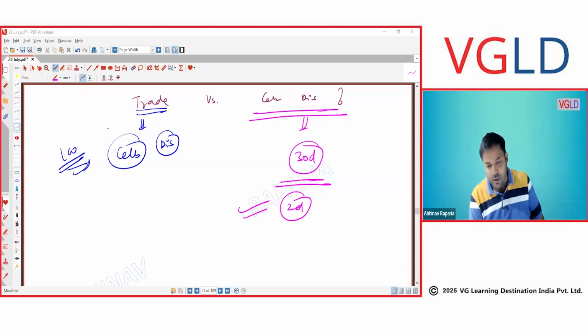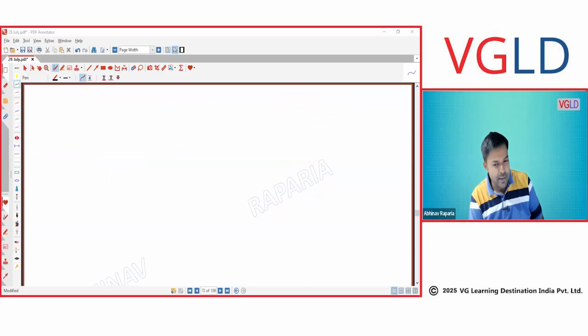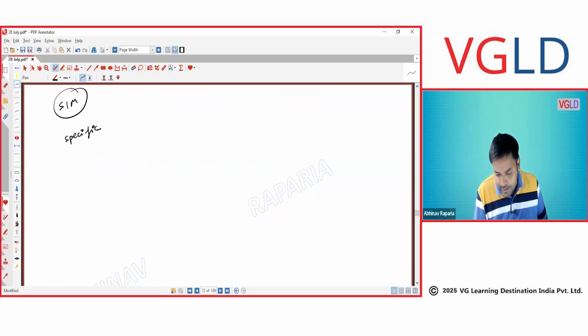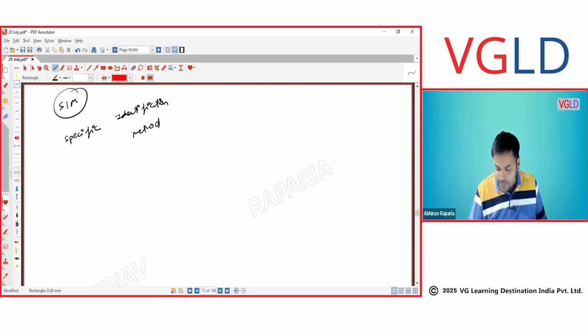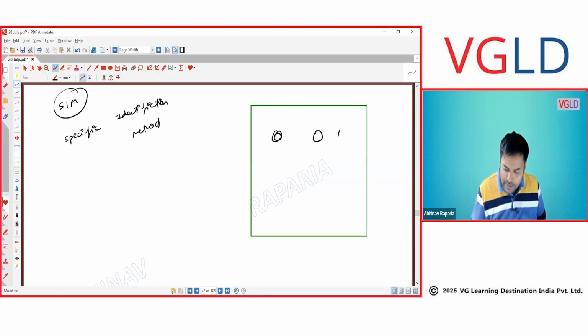Now, various methods of accounting for inventory are there, guys. I'll cover them in brief because they are not so relevant for your exam purposes. The first method is SIM. SIM is not a mobile SIM. SIM is specific identification method. It means I know exactly how much each inventory item cost.